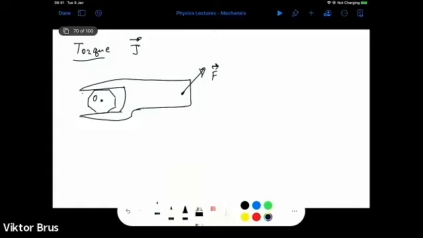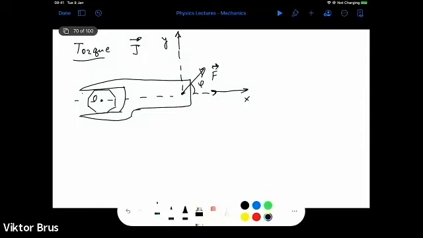So we have X direction, and here will be Y direction. So this force is applied with an angle to the axis X. Let's call it angle phi.